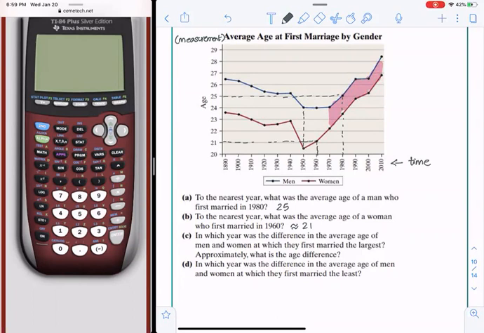The difference in 1890 was approximately 23.5 to 26.5. So that was a 3-year gap. And the next looks pretty much the same, 26 to 23. So approximately 3 years still.